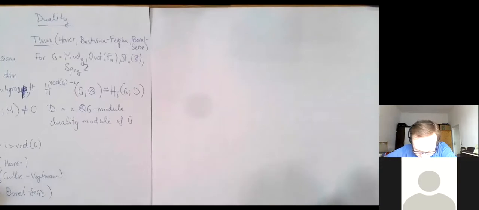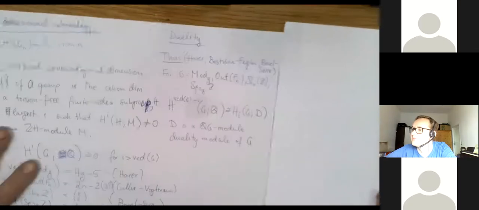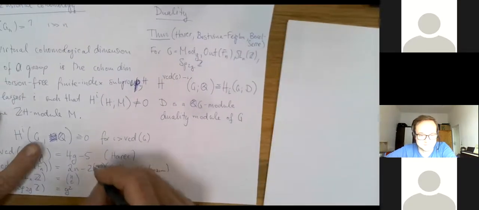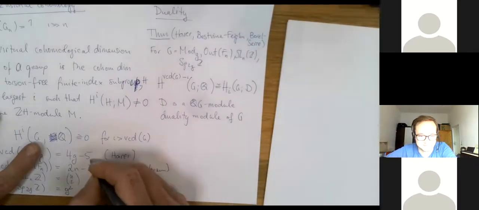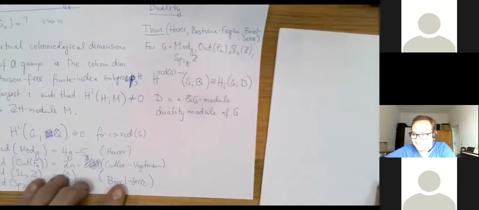Did somebody say something? Kai-Uwe said something. Okay, I can't hear you very well. Oh, sorry. Can you speak up a little bit? I don't know. Maybe my mic is broken, but it should be 2n minus 3. Okay, great. So we have 2 confirmations for 2n minus 3, and I'm definitely fallible, and I'll be happy to correct myself.